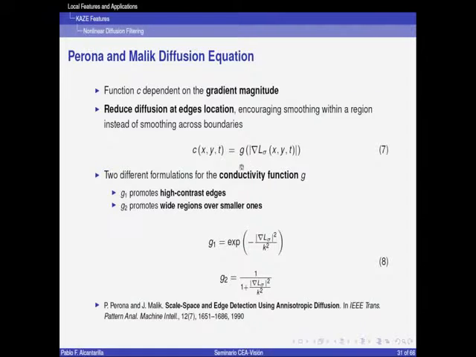So this function c is equal to a certain conductivity function that depends on the gradient. Perona and Malik, in the seminal work on scale space and edge detection using anisotropic diffusion, proposed two different examples for this conductivity function.